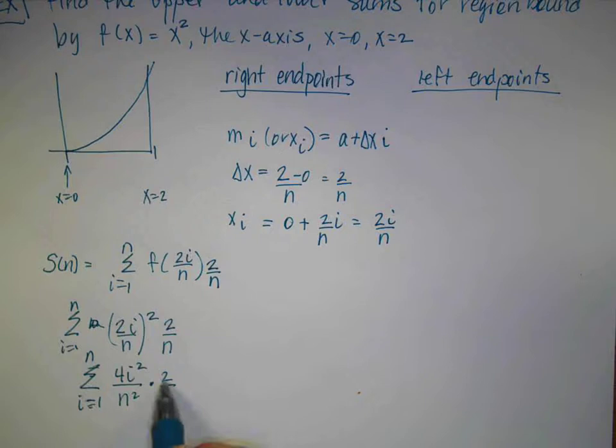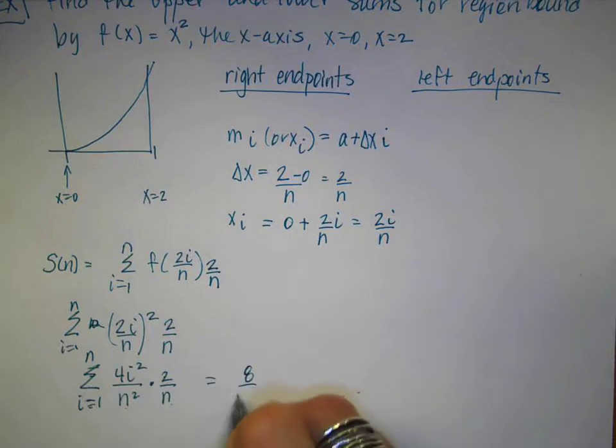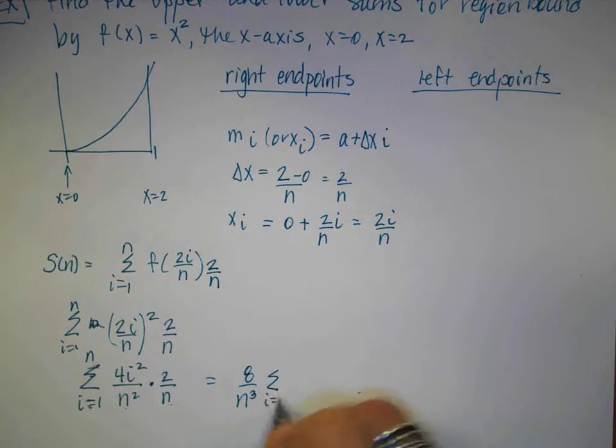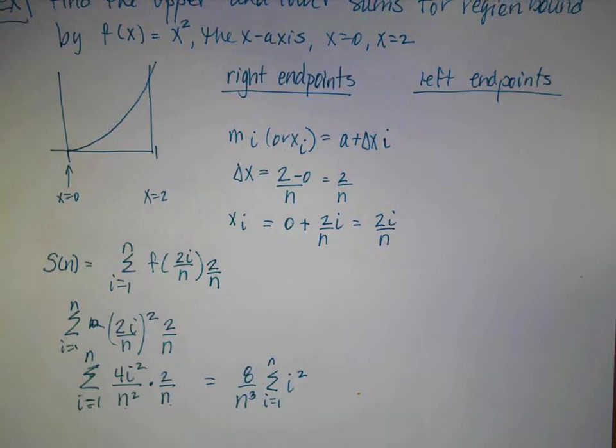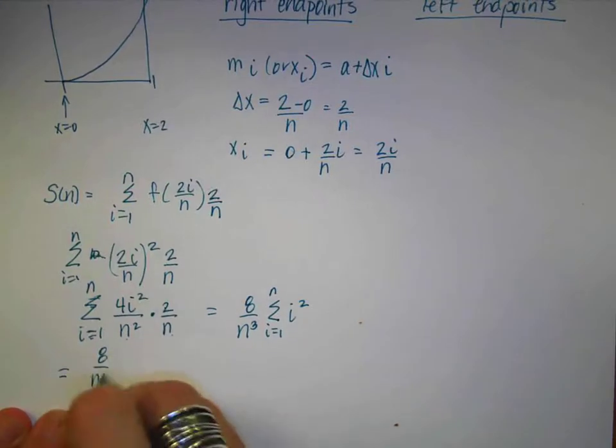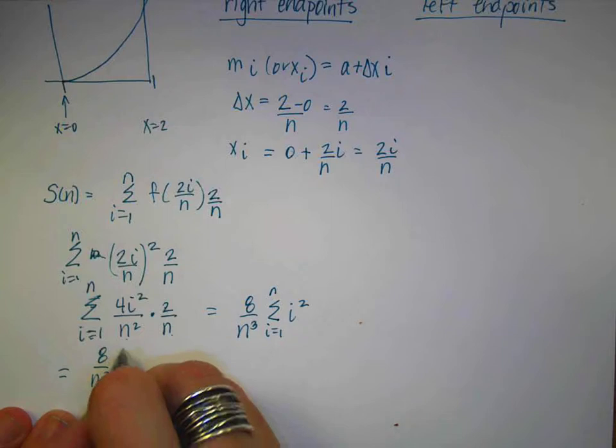Okay? So remember, now I need to do this math. I can pull out the 4 and the n's, so I'm going to pull out the 8 and the n cubed, and I'm going to have my summation from i equals 1 to n of i squared. Alrighty? And then at this point, I would use my formulas, and if you'll remember, i squared is a mess, so this is going to be 8 over the n cubed.